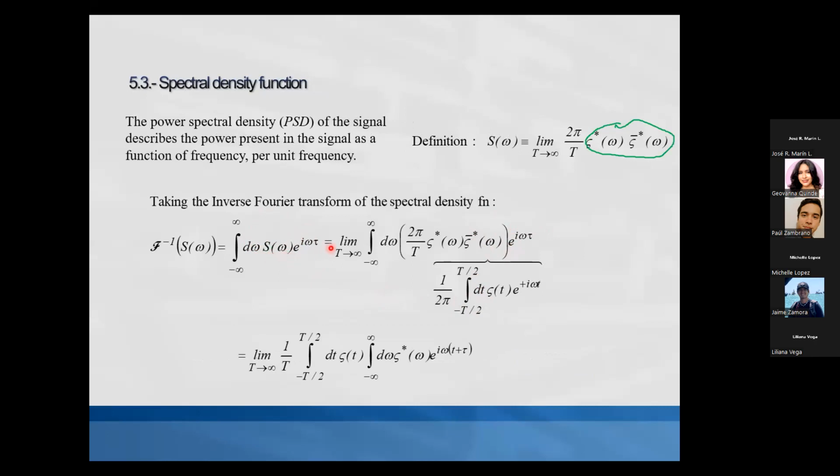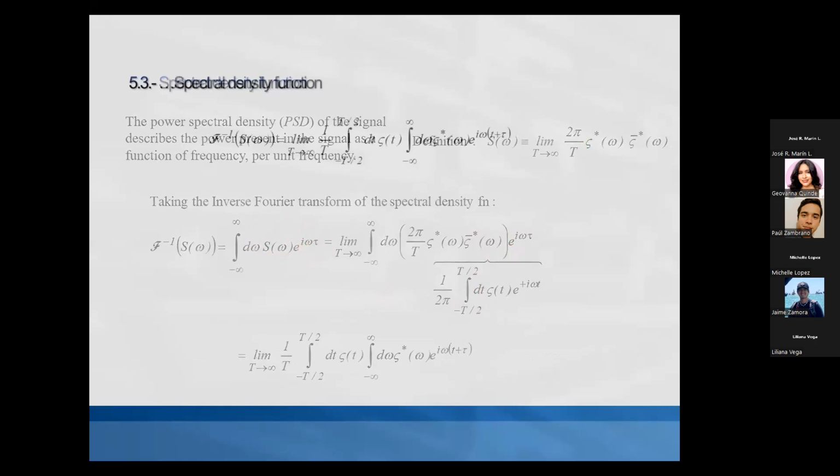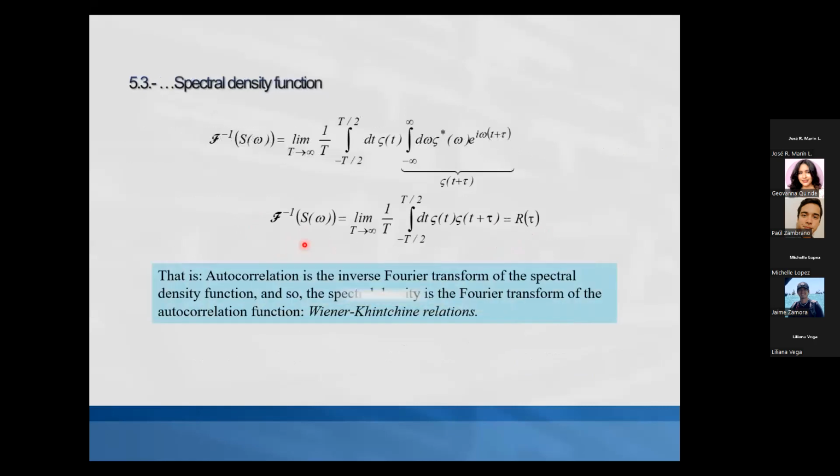If tau is 0, this will give you 1, and you are going to have simply the area under the curve of the spectral density. And you know that this is equal to sigma squared, the mean square, or the RMS squared, but only for the case of zero mean.